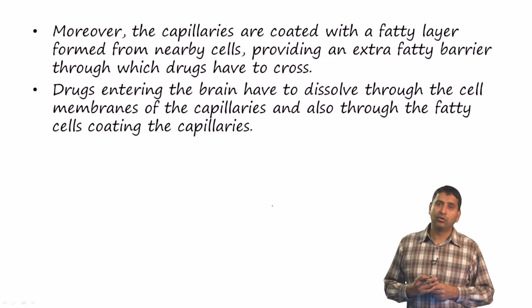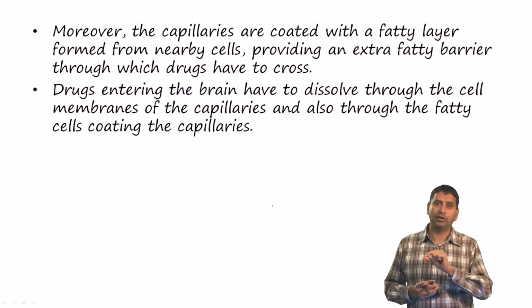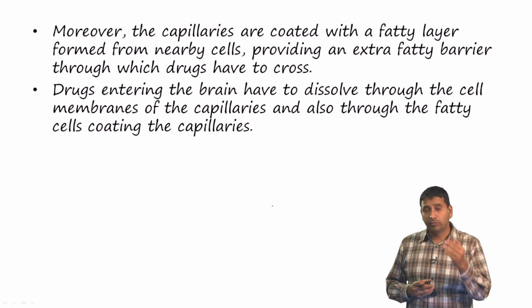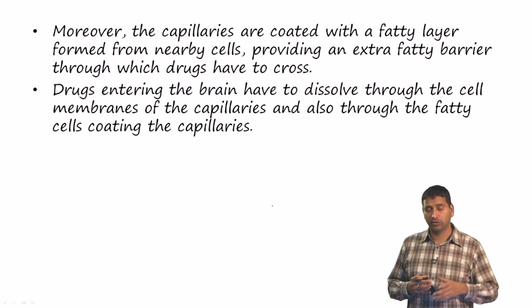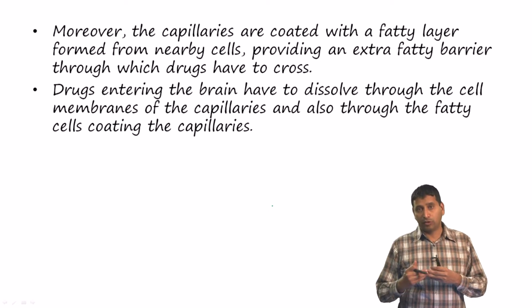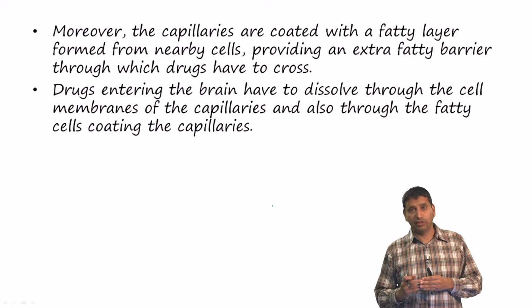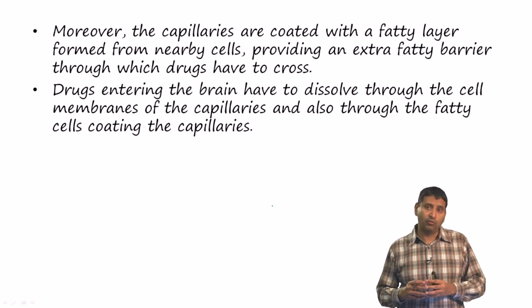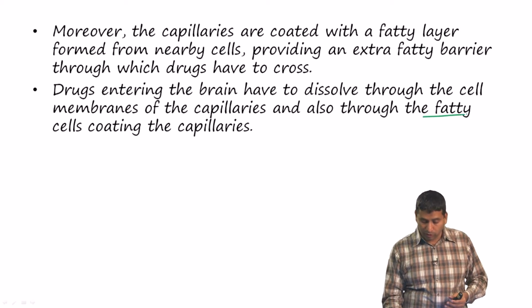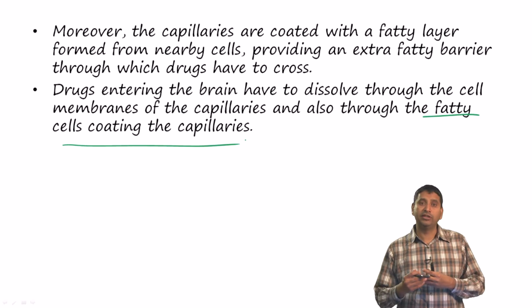The capillaries are also coated with a fatty layer, formed from nearby cells, and this provides an extra fatty barrier through which drugs have to cross. So, not only do they have to cross the membrane, but they also have to cross this extra fatty layer. Drugs entering the brain have to dissolve through the cell membrane of the capillary and also through the fatty cells coating these capillaries.